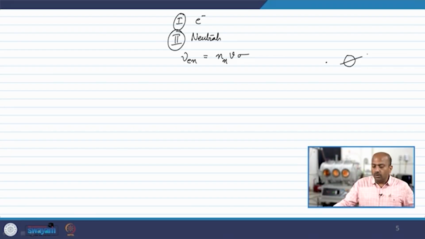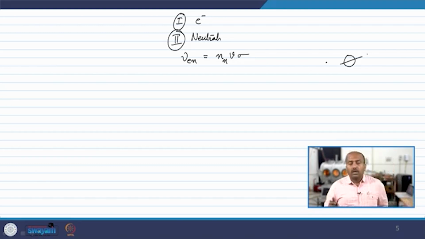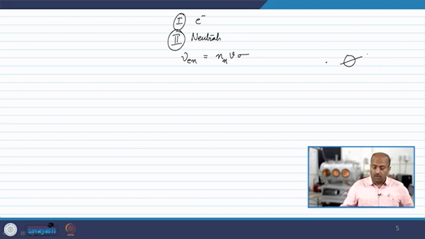Coming back, the collisional frequency of electrons with the neutral species depends on the number of neutrals that you have per unit volume multiplied by the velocity multiplied by the cross section. Now, what is this velocity? This velocity is obviously the velocity of the electron, not the neutral species. So, electron velocity v can be written as square root of 3 k_B T by m_e, right.